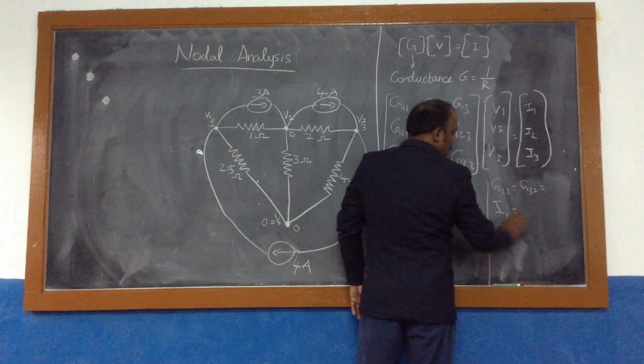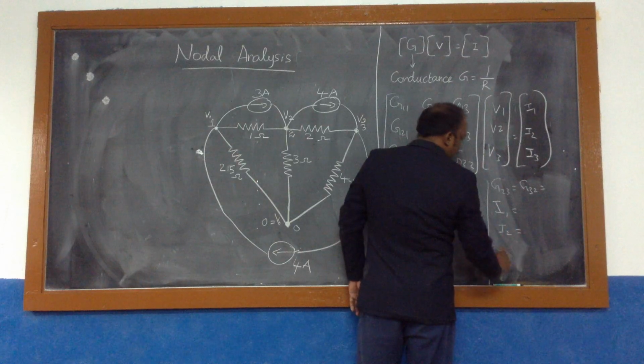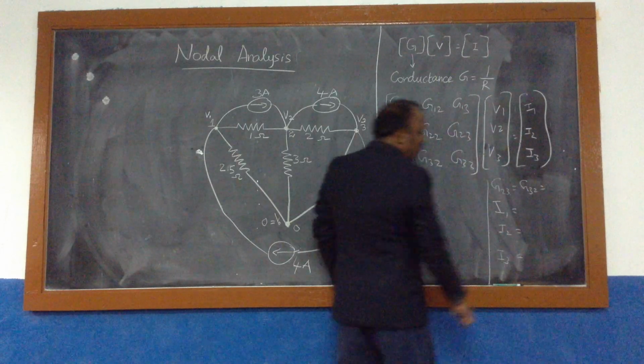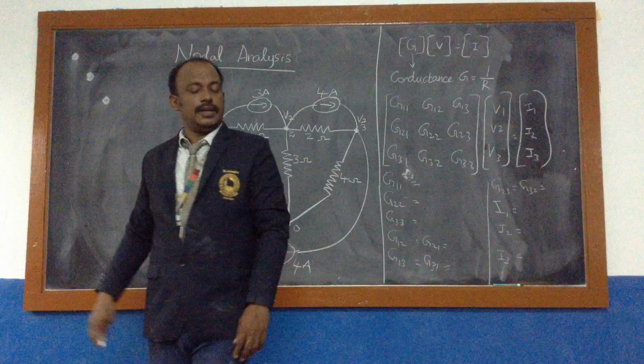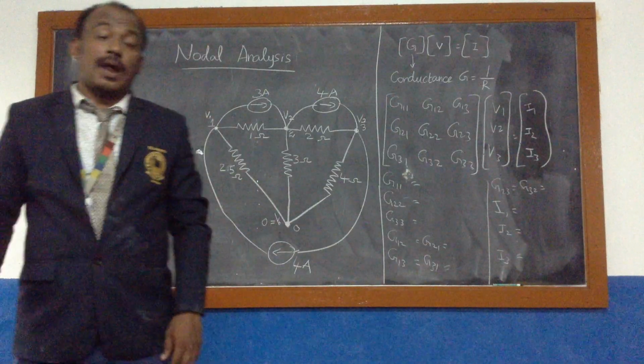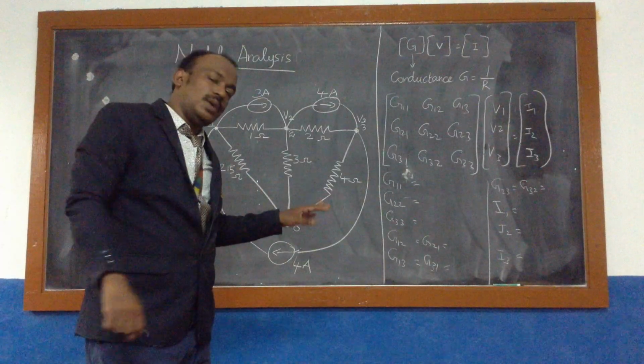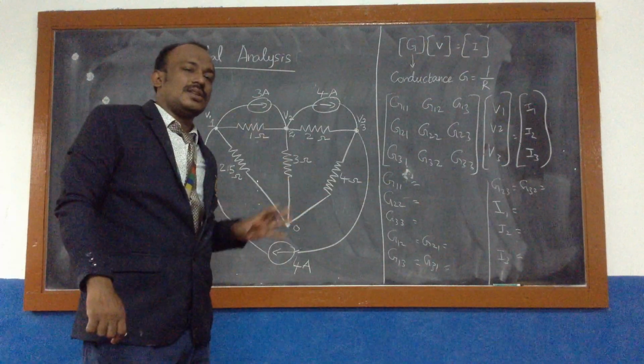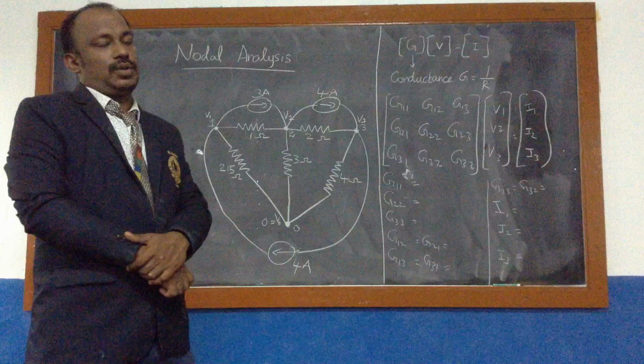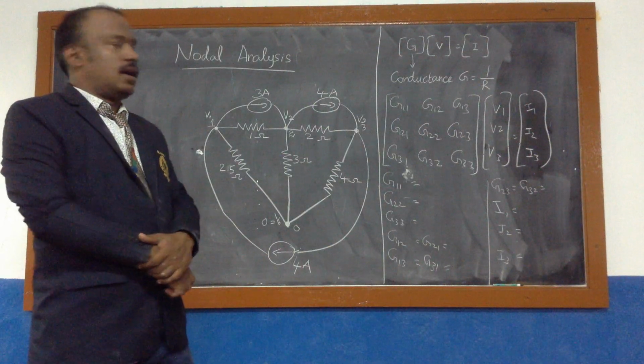I1, I2, and I3. This is the very first and most important step of solving the problem. By finding these values, you can simply put them in the matrix calculation so that you can find the values.